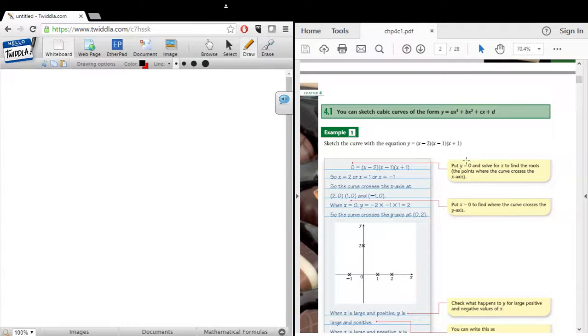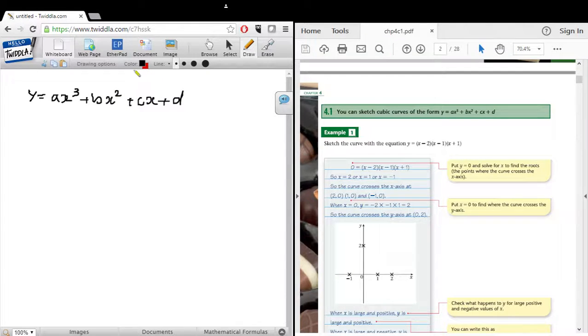Now we are introduced to cubic curves. So we have y equals ax cubed plus bx squared plus cx plus d.